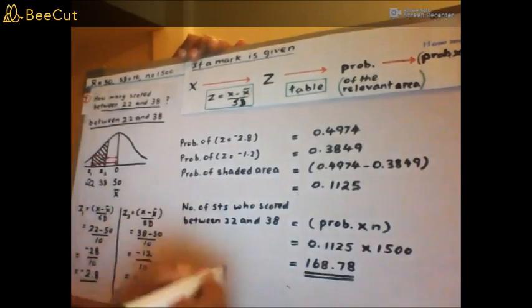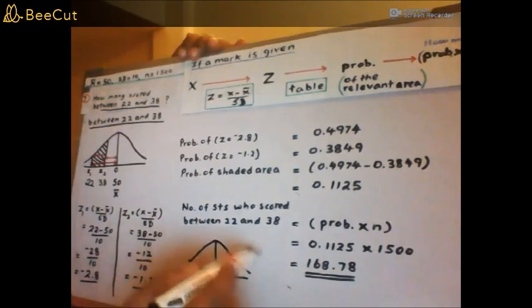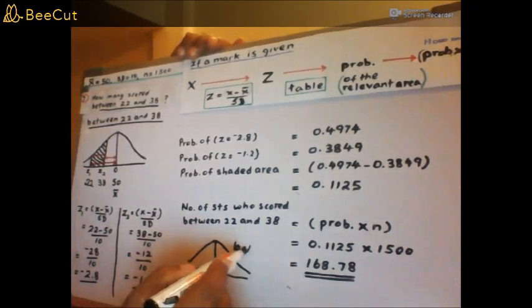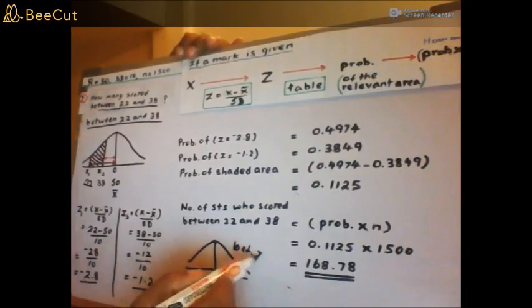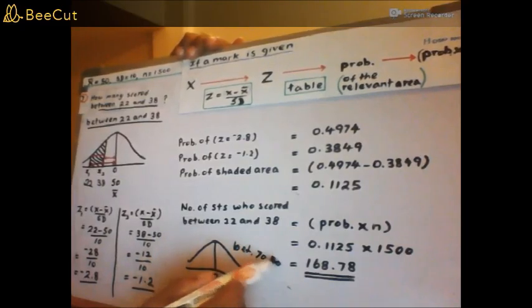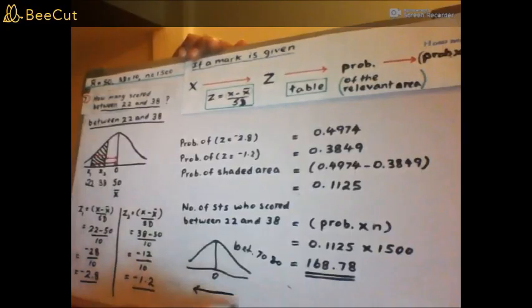Even when we are drawing this side, we'll say between 70 and 80. So 70 is the smaller value. Always the smaller values go to this side.